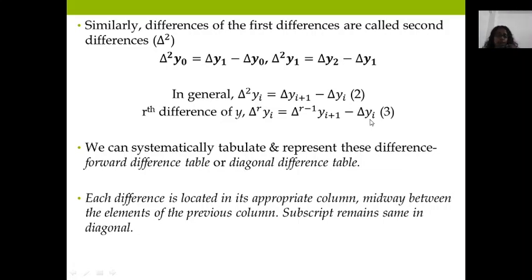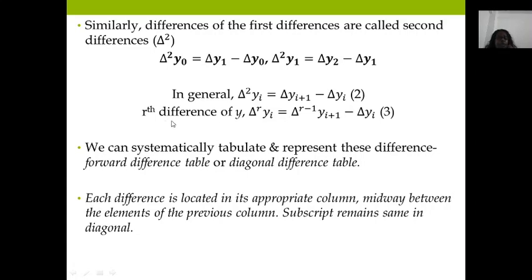I hope you understood the forward difference operator, that is the first, second and rth forward difference operators. So remember these equations, first, second or third, and the generalized equation.